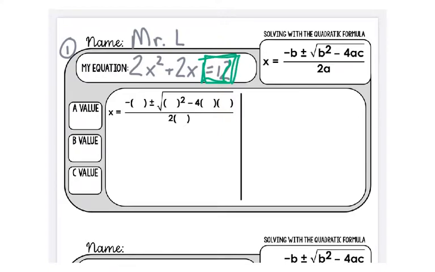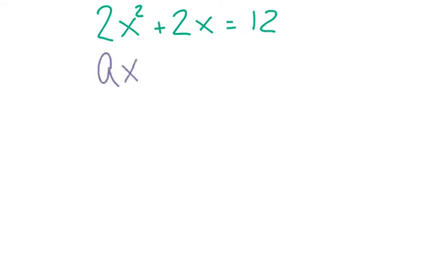Okay, so I'm going to need to rewrite this first to have everything on one side equal to 0. So I'm going to have 2x squared plus 2x equals 12. And I need to get it in the form of ax squared plus bx plus c equals 0.